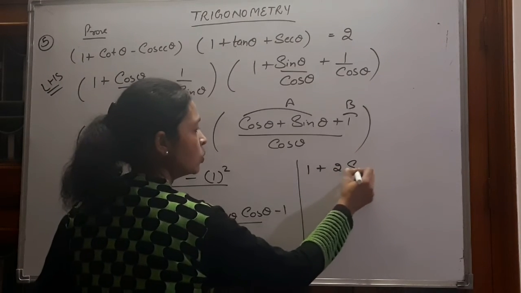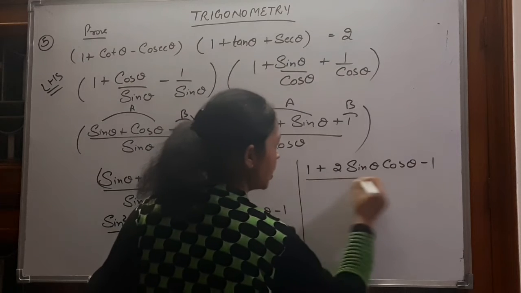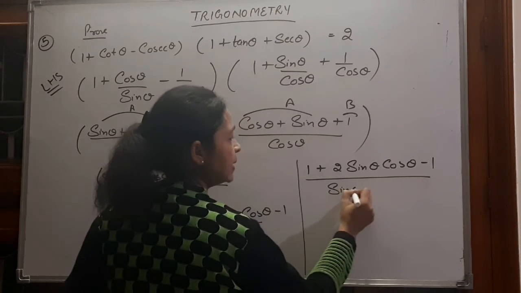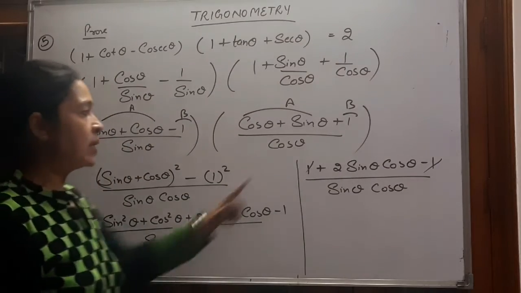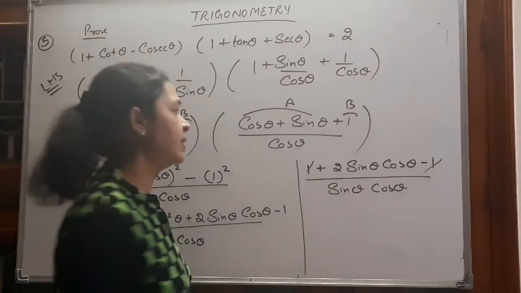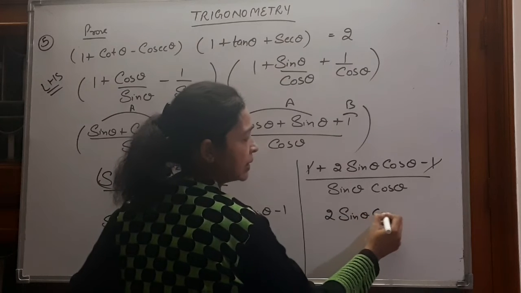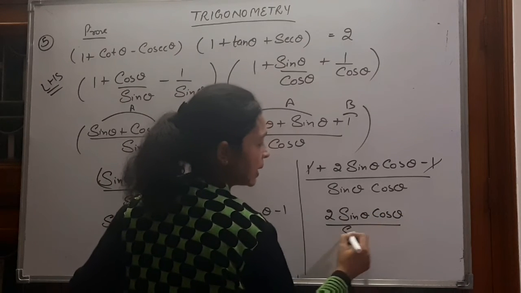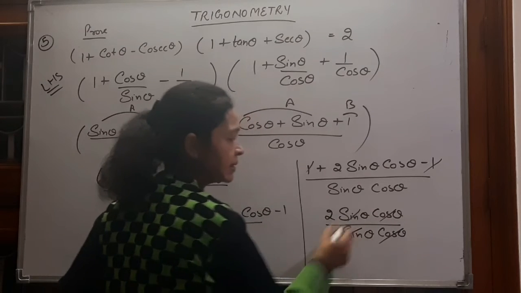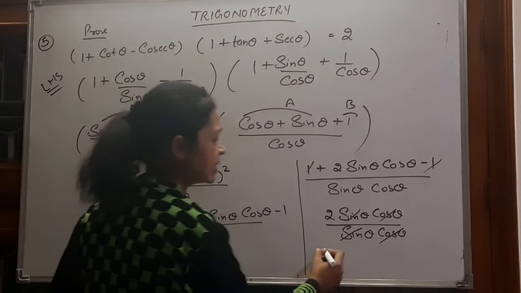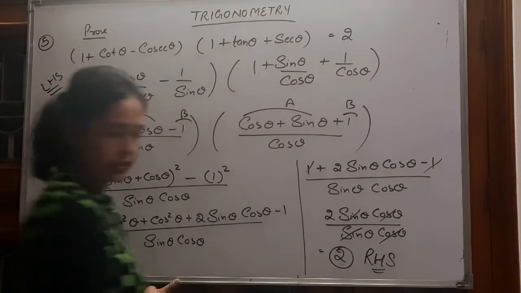We have 1 plus 2 sin theta cos theta minus 1 upon sin theta cos theta. 1 and 1 get cancelled. We will get 2 sin theta cos theta upon sin theta cos theta. Cos theta cancelled. Sin theta cancelled. What is left? 2, which is equal to right hand side.